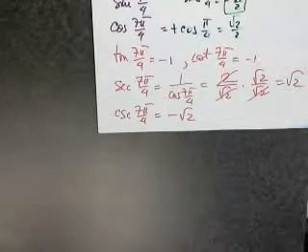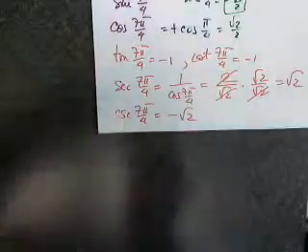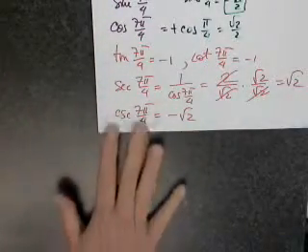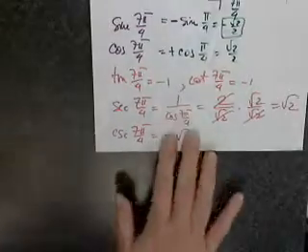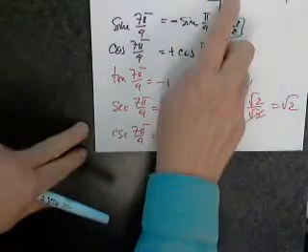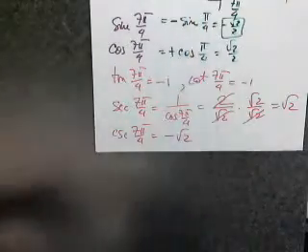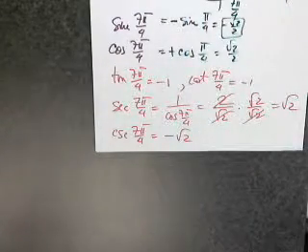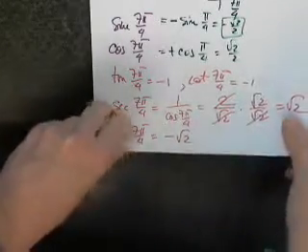Because I know that this is 45 degrees, and I know that there are 8 45 degrees in the complete circle. So there are 2 here, 2 here, 2 here, and 2 here. 1, 2, 3, 4, 5, 6, 7. Any questions? Is this okay so far?